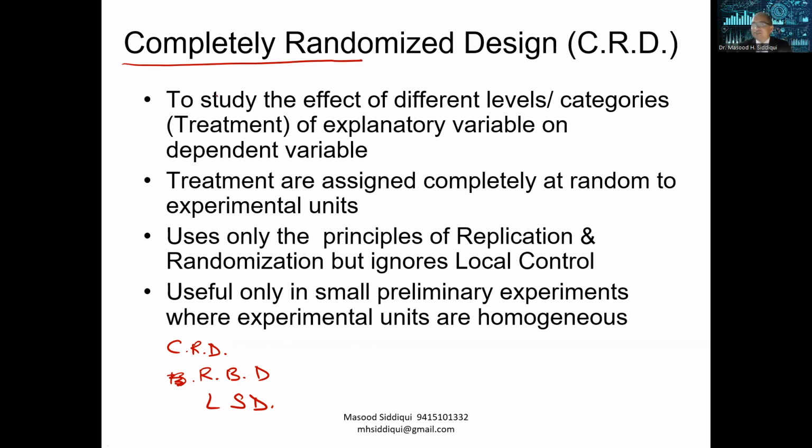It is used to study the effect of different levels or categories of treatment of an explanatory variable on the dependent variable. Suppose we have a variable that is advertisement, and suppose A1 is the radio advertisement, A2 is the TV advertisement, A3 is the advertisement in the newspaper, and A4 is the advertisement in social media.